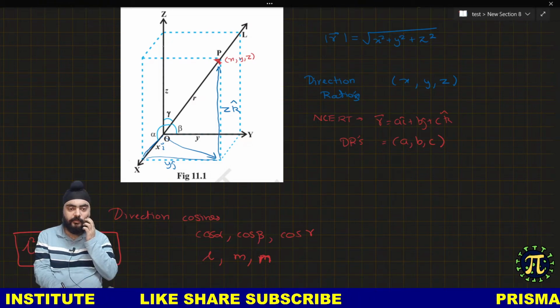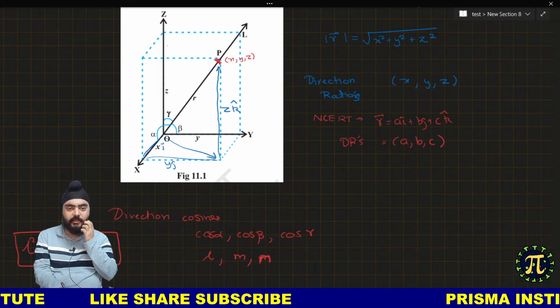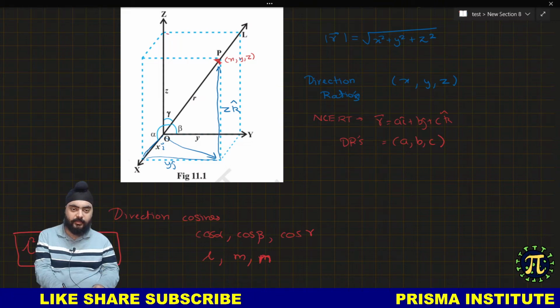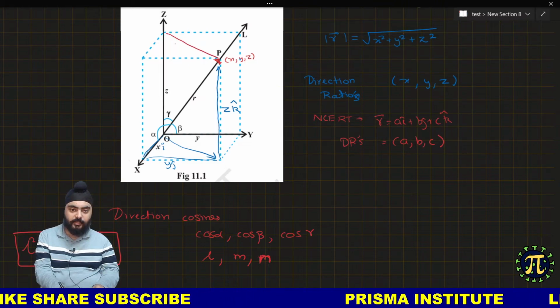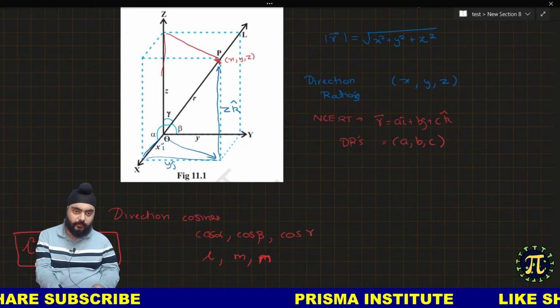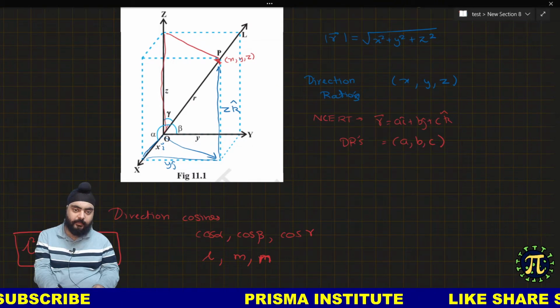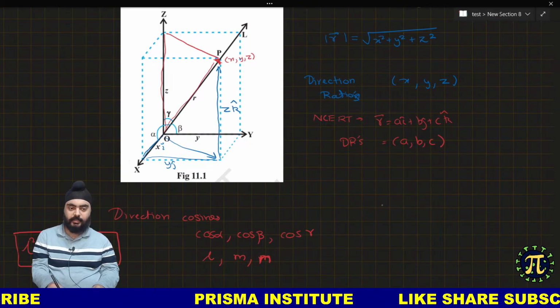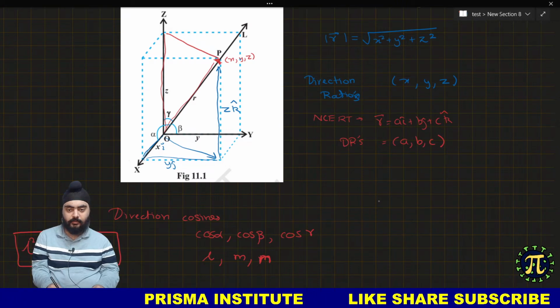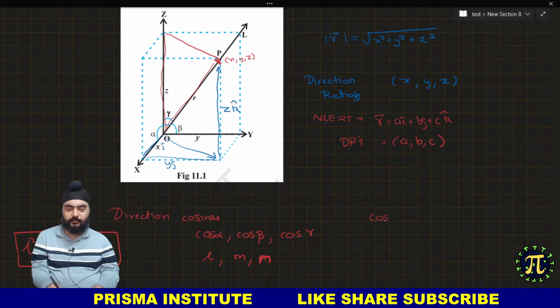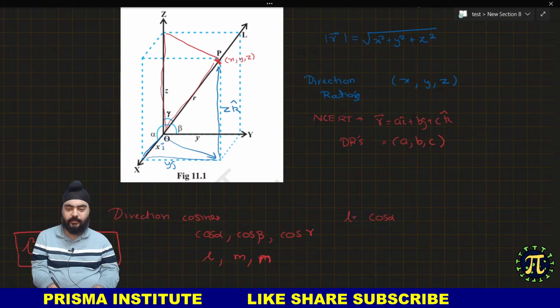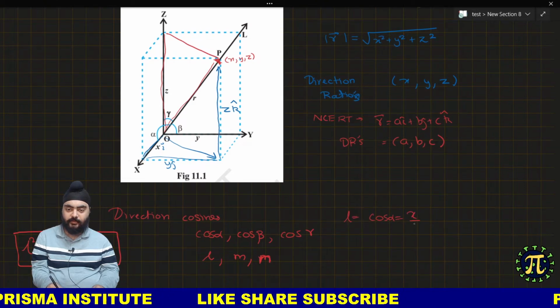If we clearly look at this triangle, I will mark it in red. So OZP, right? For example, here what have we defined cos alpha as, or the value of L? This was x by r.